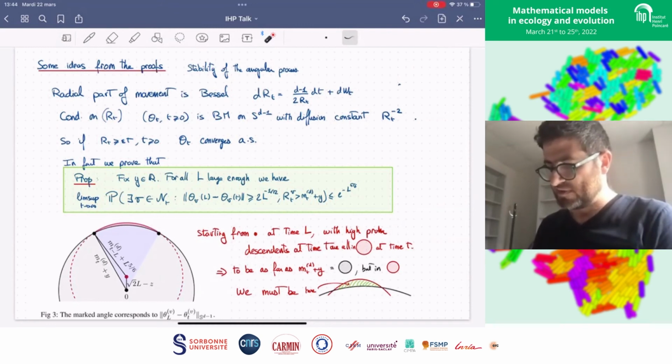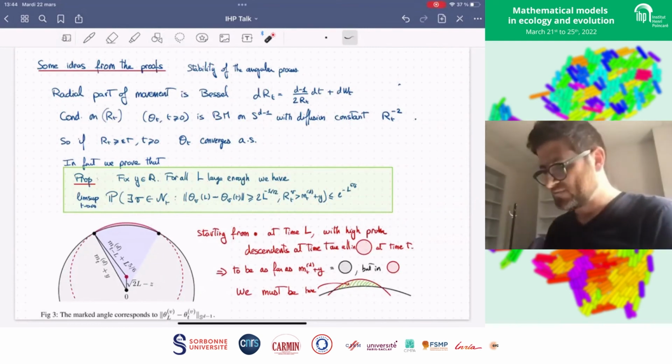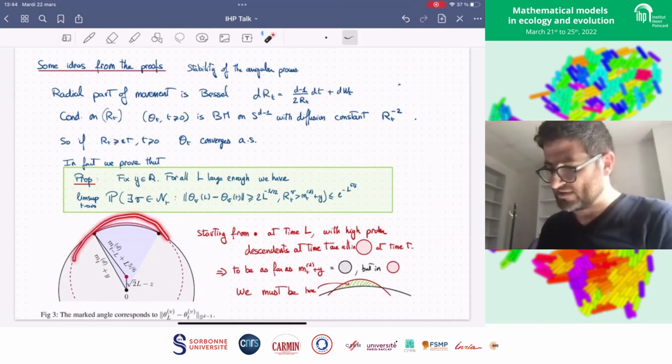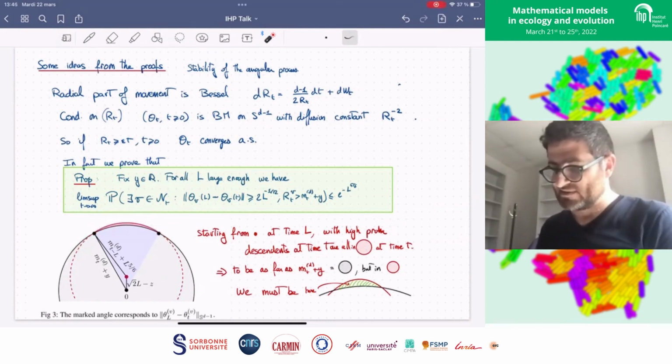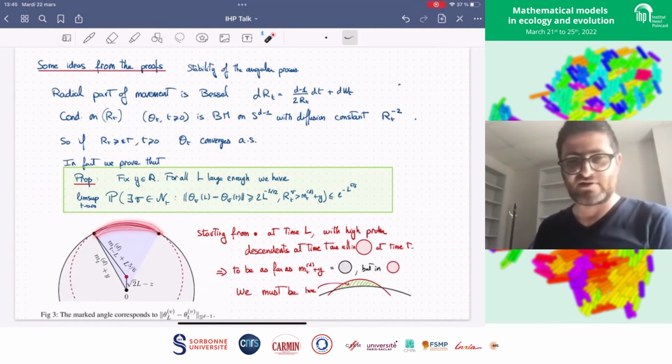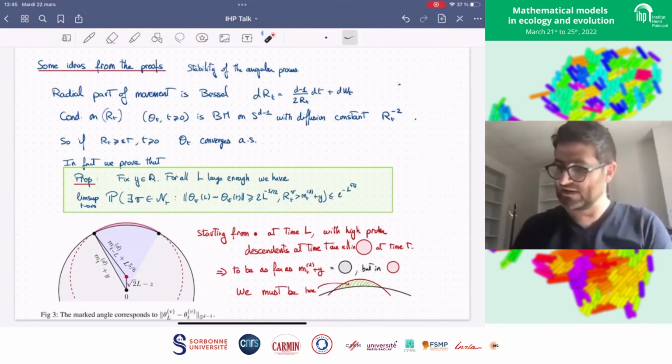To be above m_t plus y, a descendant of this red particle here has to be outside of the black circle. But you also know that it cannot go too far because of Bastien's result, for instance. It has to be inside the red circle. So being outside the black circle and inside the red circle means you need to be in this very little crescent, this sliver of a crescent here.